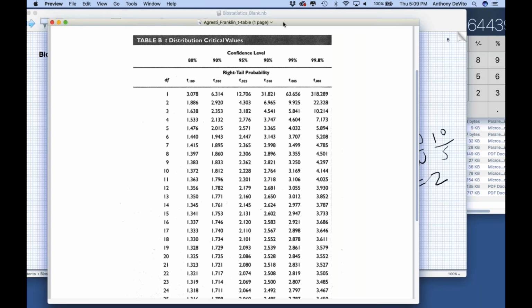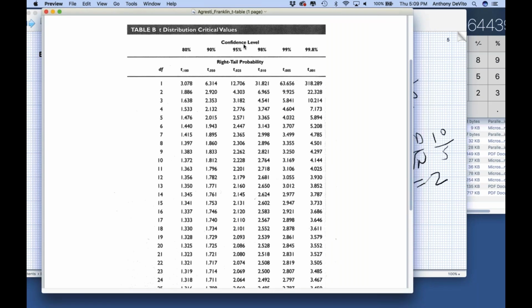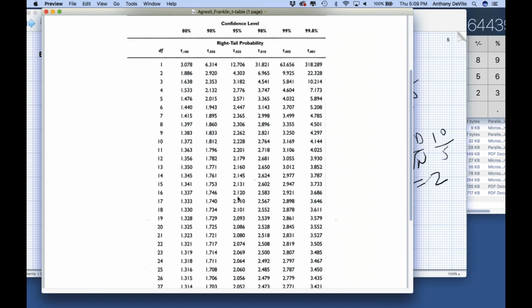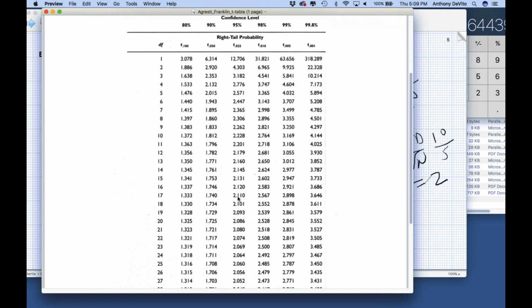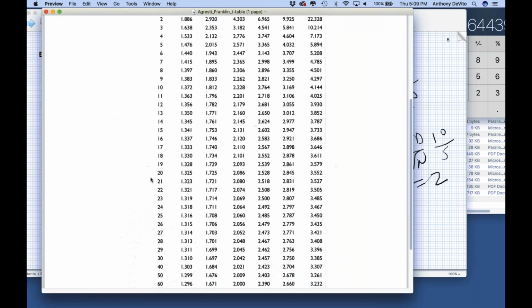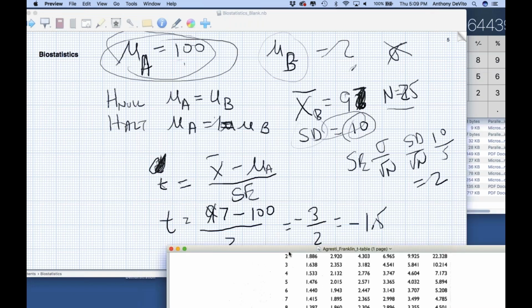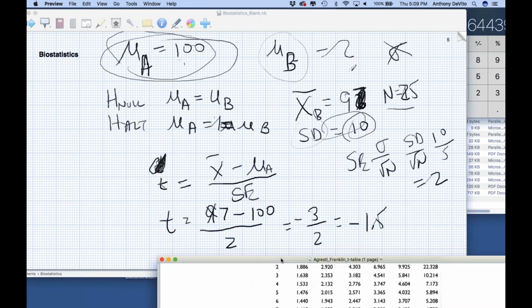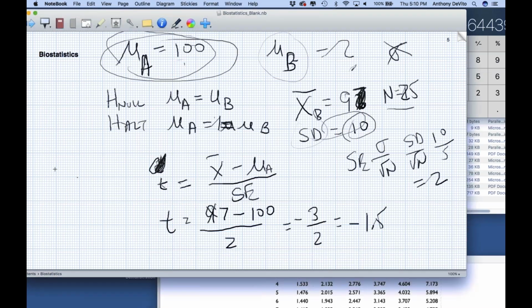So I'm going to go to my t-table in the same column for 95% confidence, and look up what t-score I need to be at that level of confidence with that sample size. The sample size was 25 minus 1, 24 degrees of freedom, and that's 2.064. So the t-value that I need to exceed, I'm going to call that t critical.